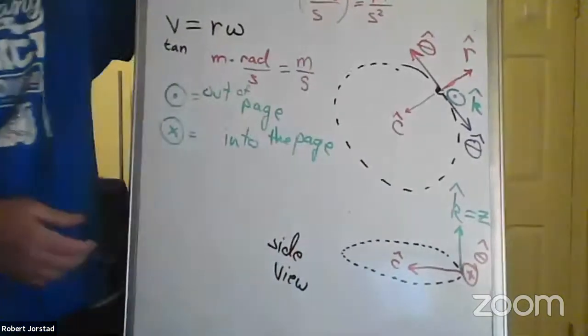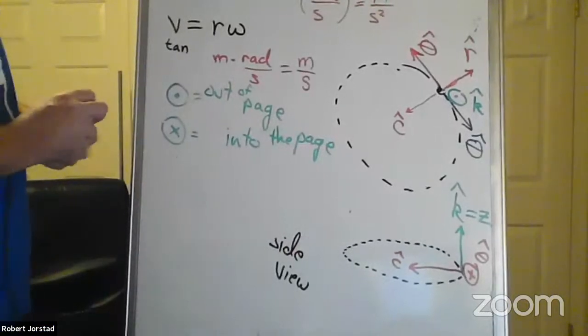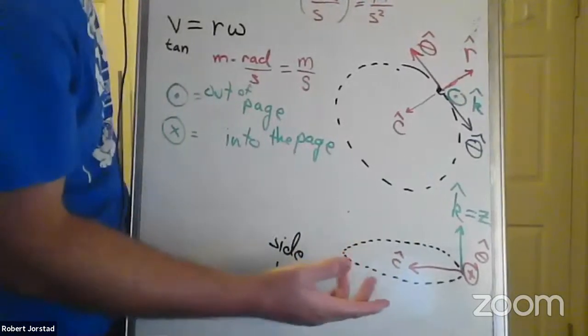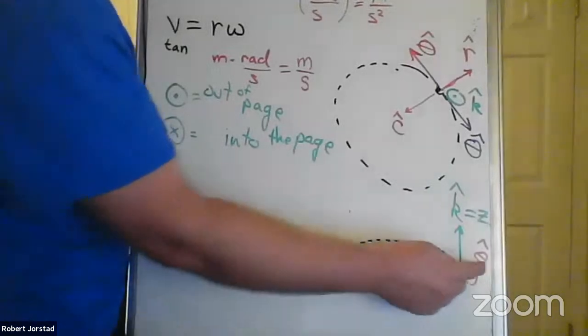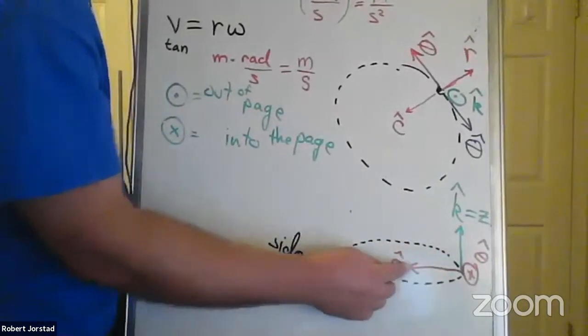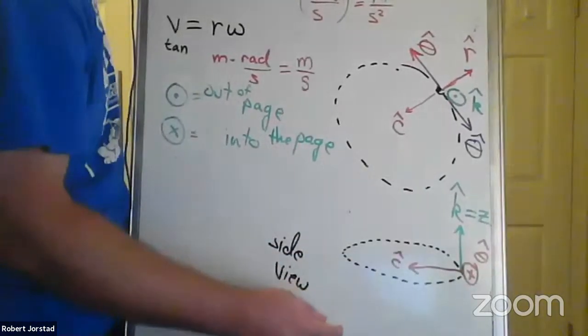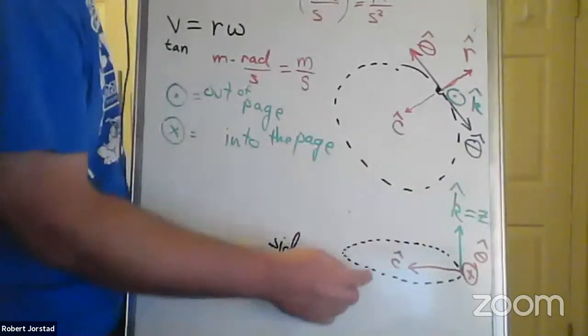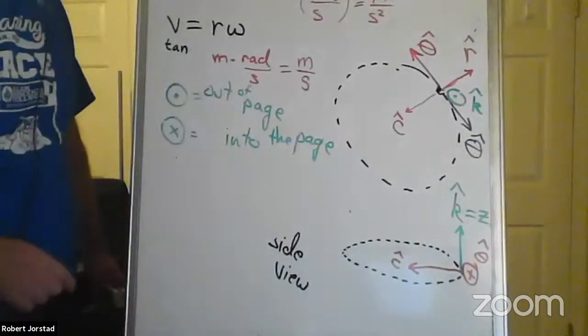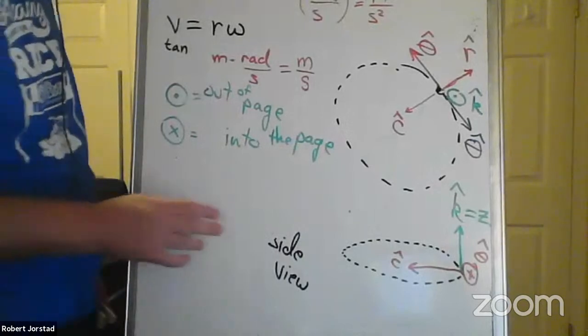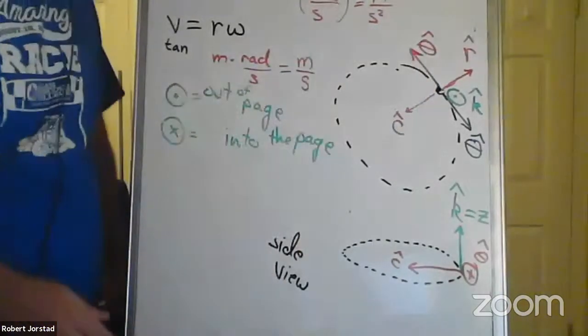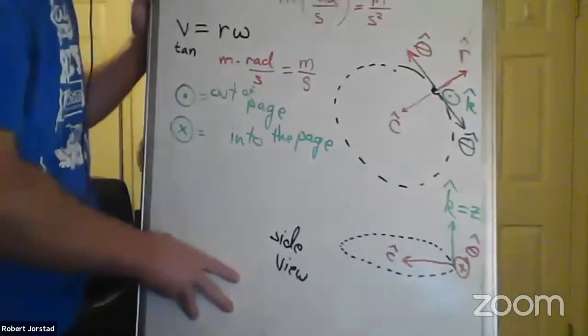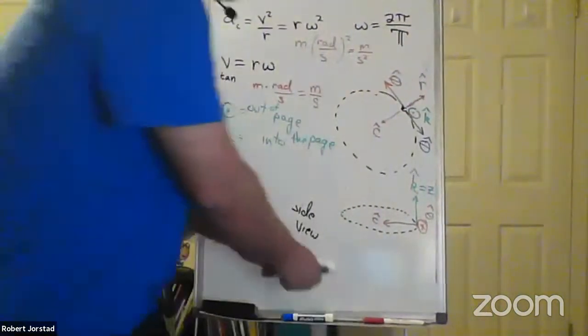All of these different things get used. But most of our pictures are either going to be C hat and theta hat, or C hat and tangential, or C hat and Z, or C hat and K hat. Okay. And so I'm going to tend to avoid the R hat direction because I don't like getting the minus signs wrong.